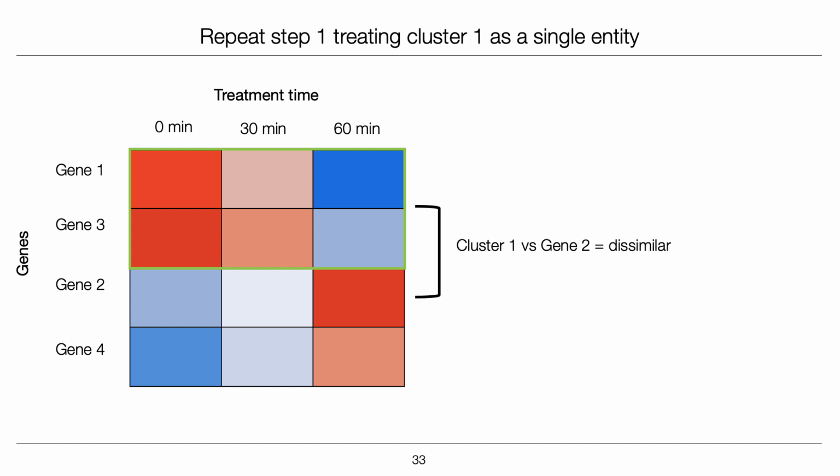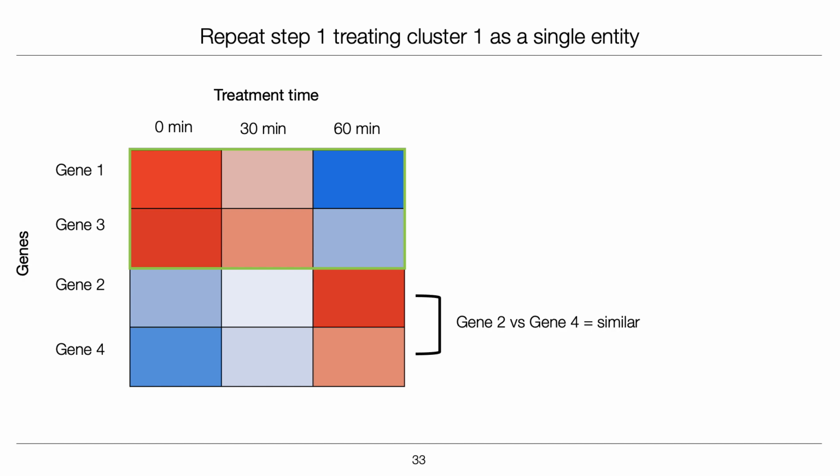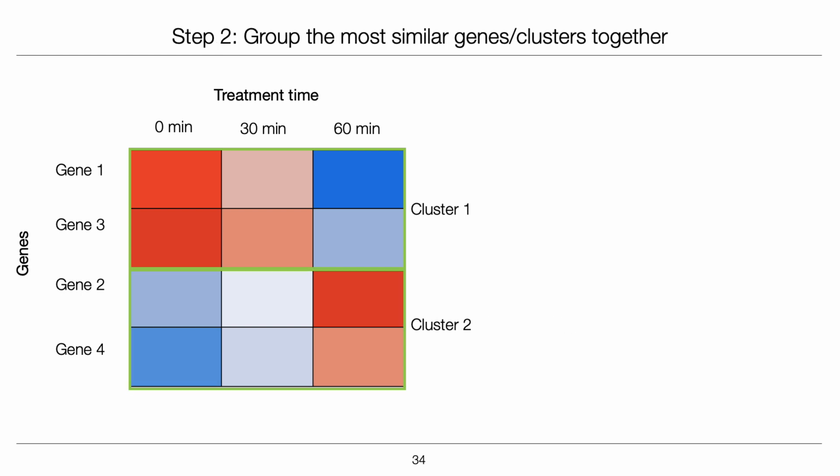Again, we examine the similarity between all pairs of genes and clusters. Cluster 1 and gene 2 are dissimilar. Cluster 1 and gene 4 are dissimilar. Finally, gene 2 and gene 4 are similar. So we group gene 2 and gene 4 into cluster 2.